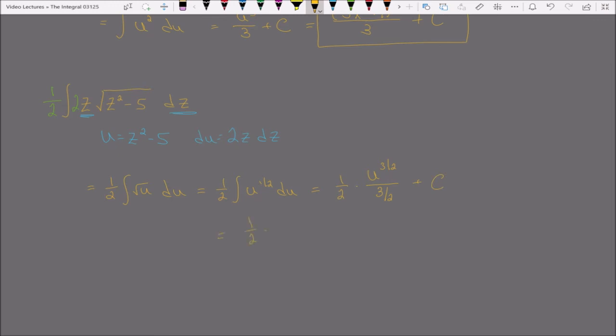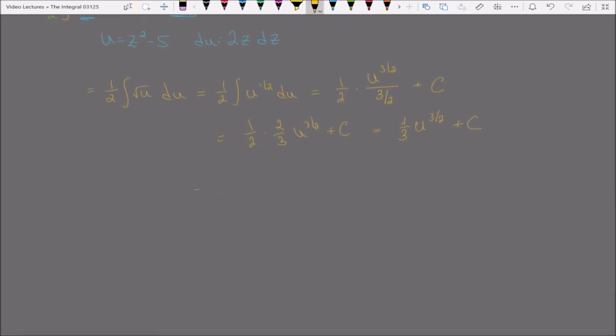That's 1/2 times 2/3 u to the 3/2, which is 1/3 u to the 3/2 plus a constant. This gives us the quantity of z squared minus 5 to the 3/2 power divided by 3 plus a constant of integration.